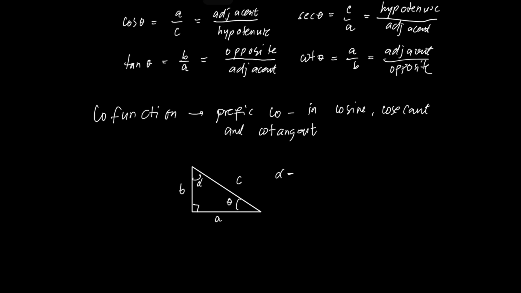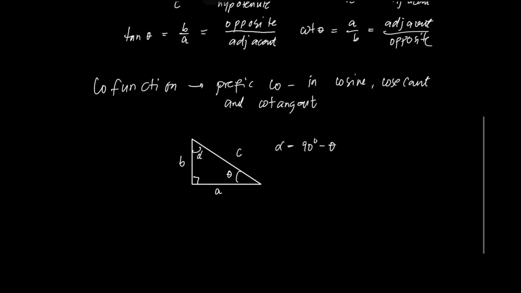Note that the alpha here can be computed by 90 degrees minus theta. And also, if the sine theta is B over C, you can consider that B over C is also the cosine alpha, or the cosine of 90 degrees minus theta. So that's why the cosine function here is a cofunction of sine.